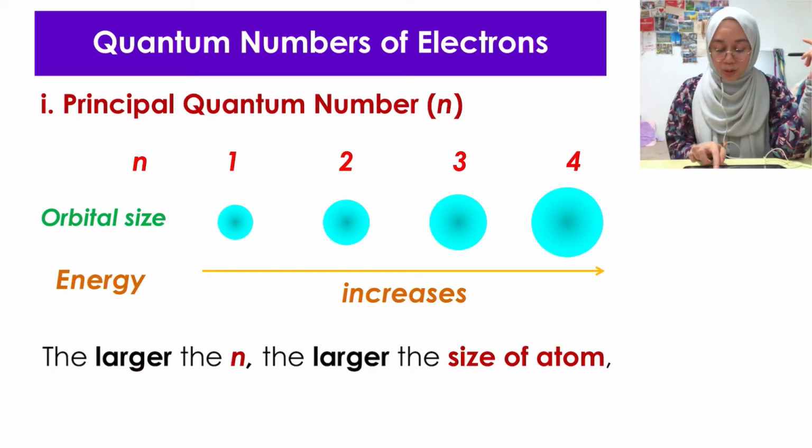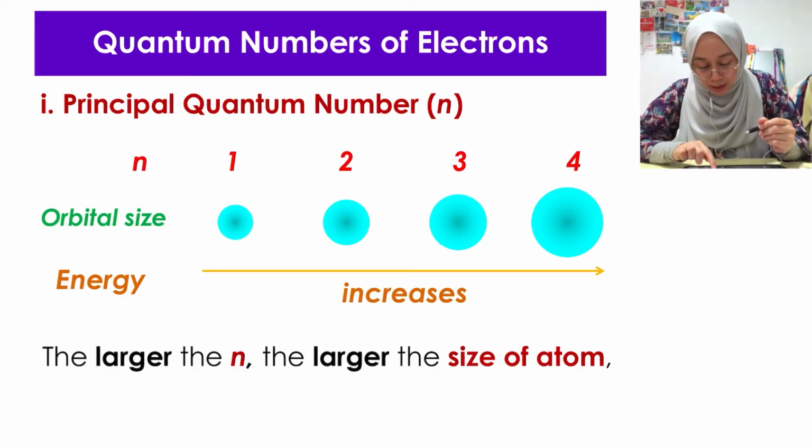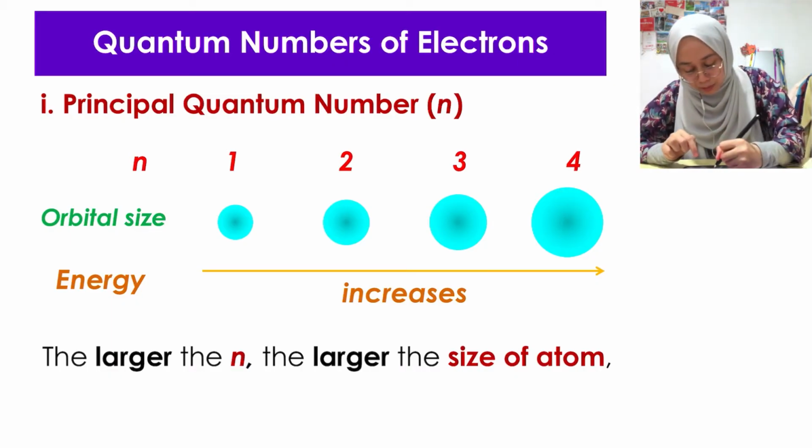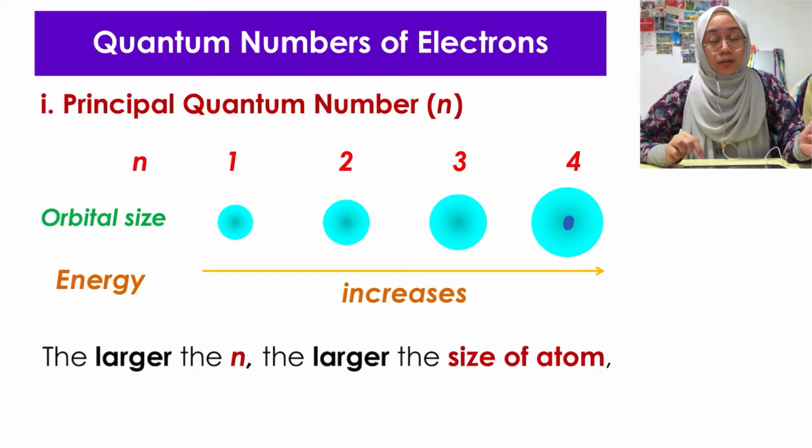Okay, and then as you know, ini adalah orbital kamu. So tengah-tengah ni kita ada nucleus. So what happened to the distance between nucleus dengan elektron? Kalau yang biru tu adalah kita punya nucleus, your electron can be anywhere around the nucleus as long as di dalam orbital tu.